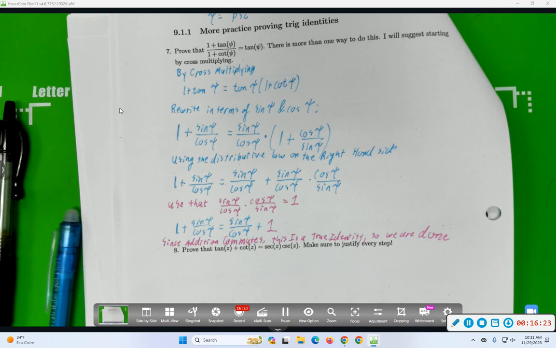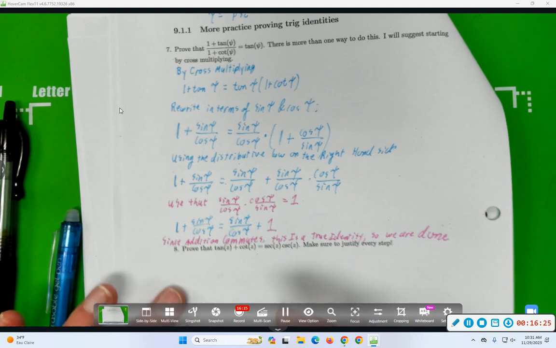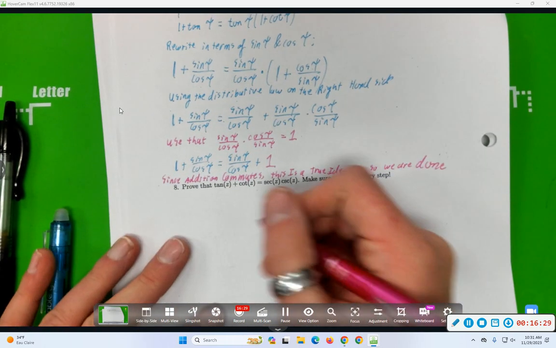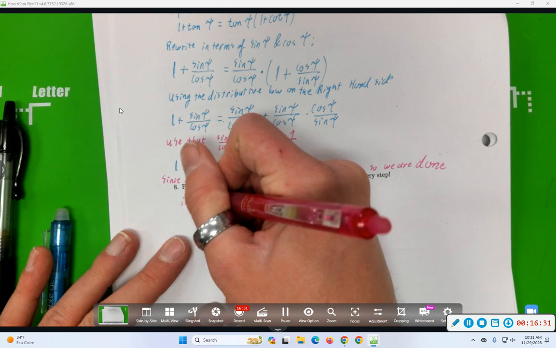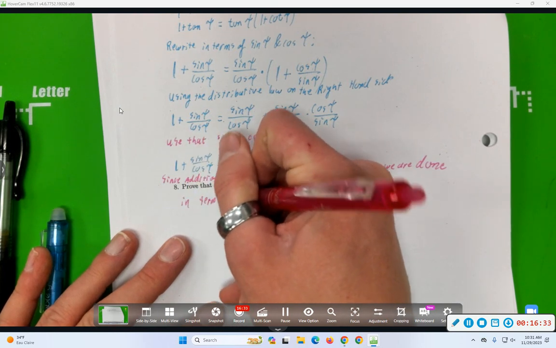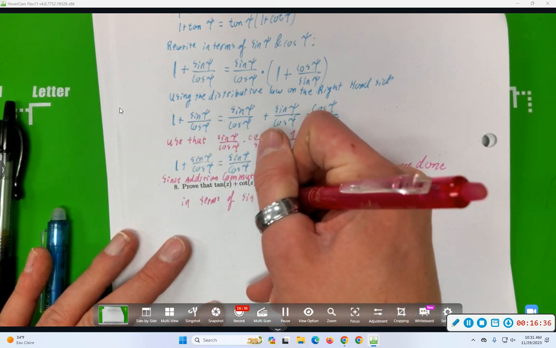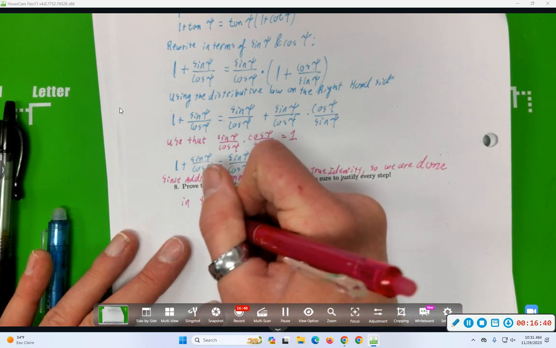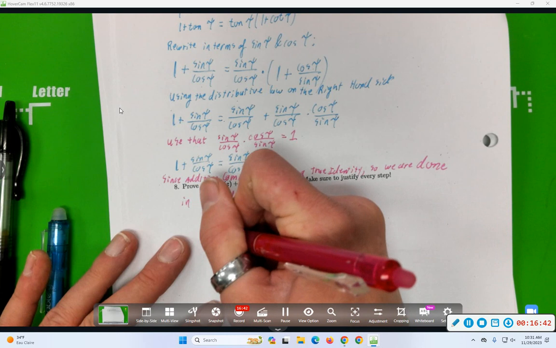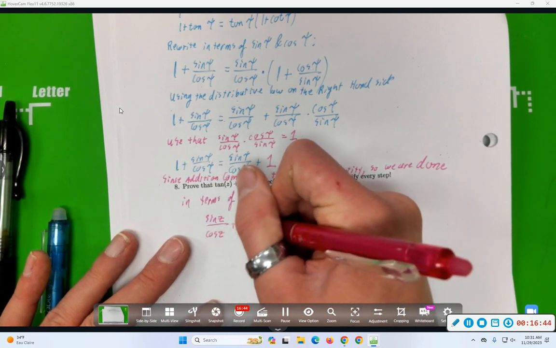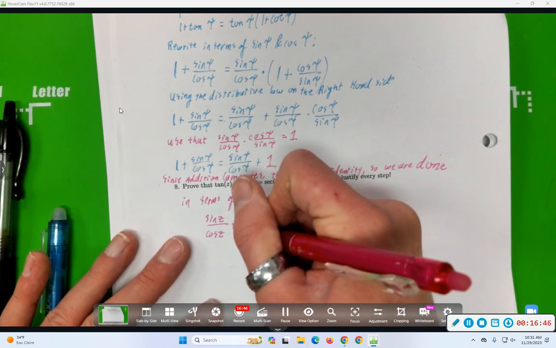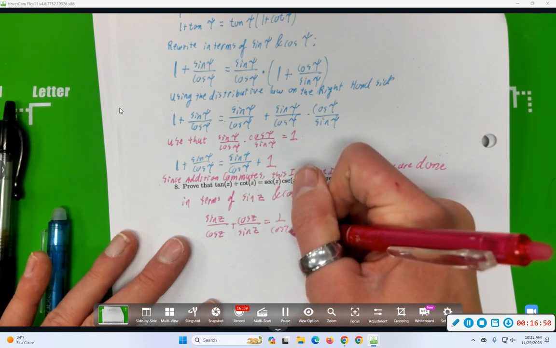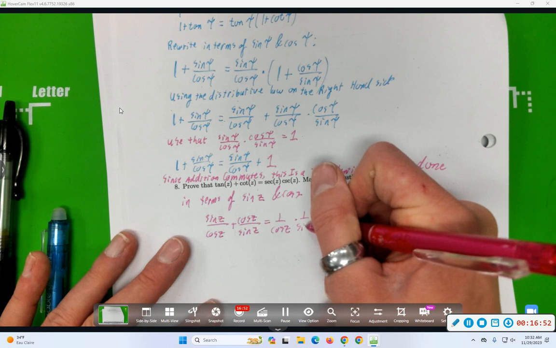So, the stuff you proposed so far was get things just in terms of sines and cosines. So in terms of sine and cosine, this becomes sine over cosine plus cosine over sine equals 1 over cosine times 1 over sine.